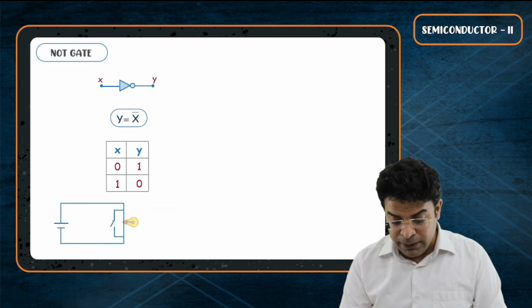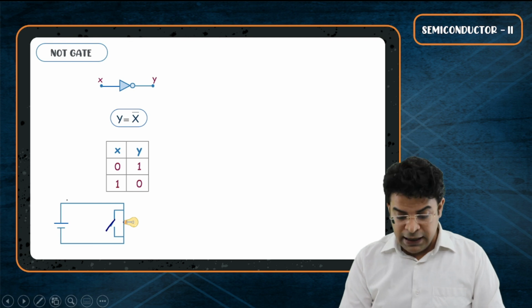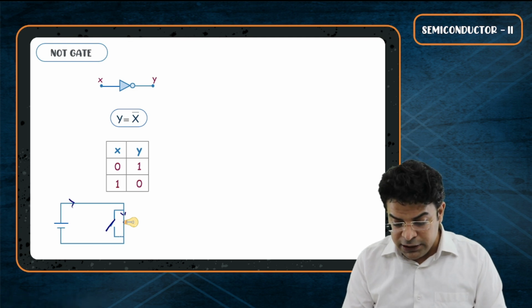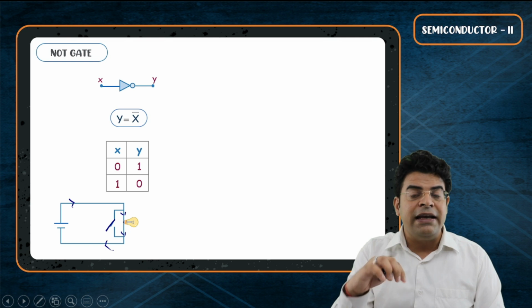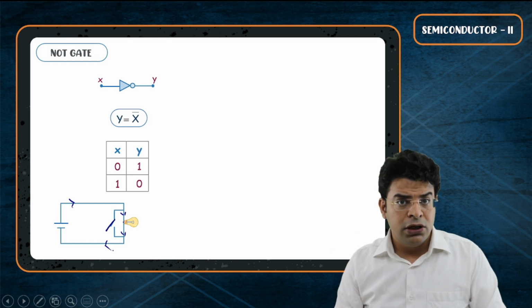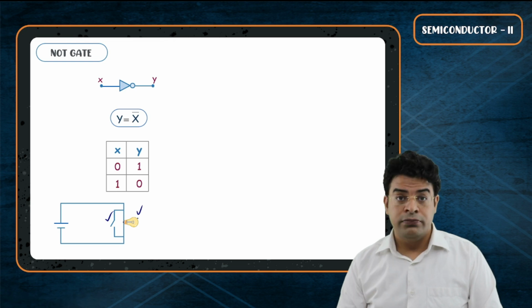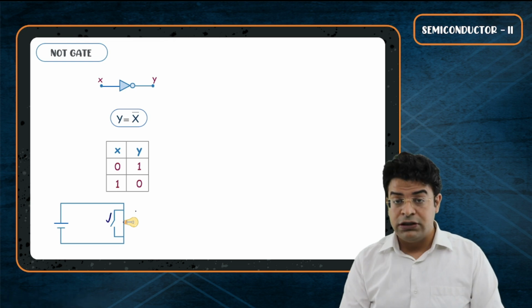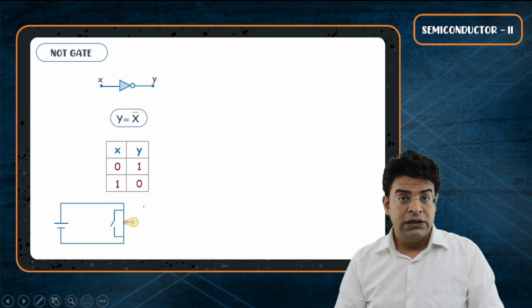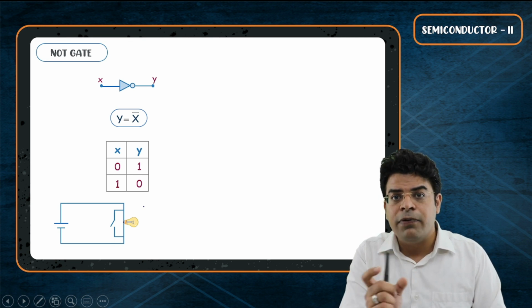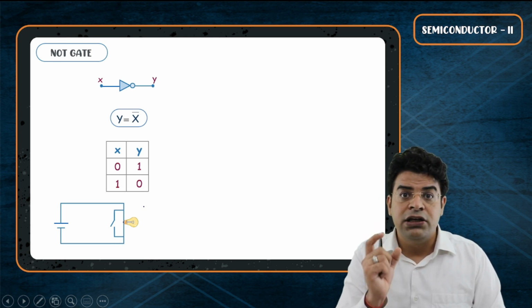And if you keep the key open, then the current can flow only through the bulb as the secondary line is not active. So if the key is open, the bulb will glow. If the key is closed, the bulb won't glow. This is a classical example of making you understand the NOT gate.